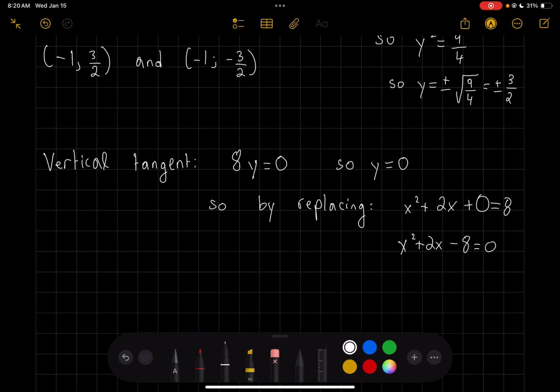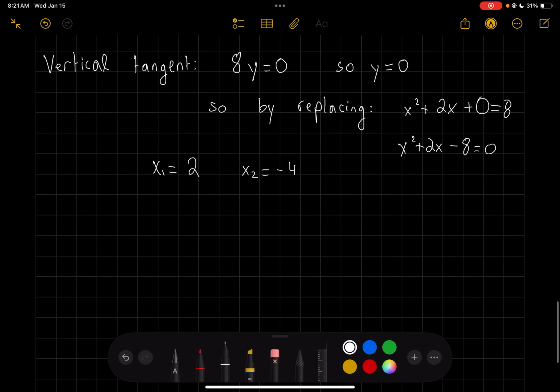And let me get my calculator. So the first point and the second point, and these are for the vertical tangents.